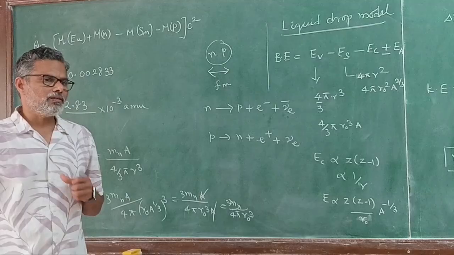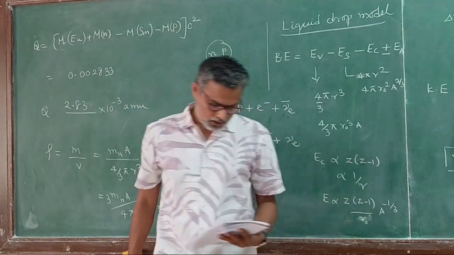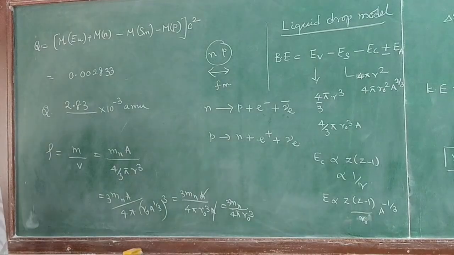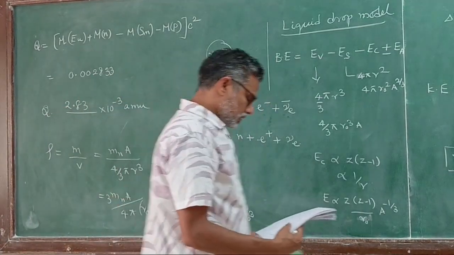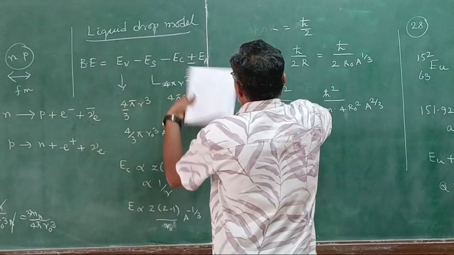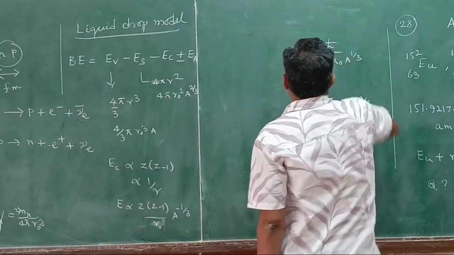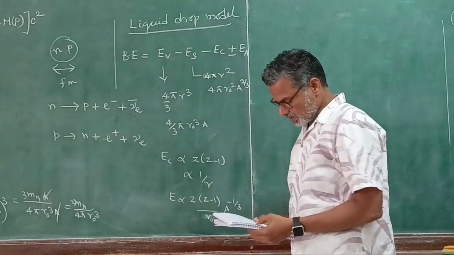Depending on the question, maybe what we are going to discuss, the fifth question: the semi-empirical mass formula for the binding energy of a nucleus contains a surface fraction term. Basically, these are all correction terms; you try to correct the exact binding energy value.